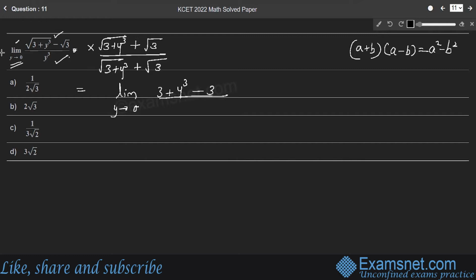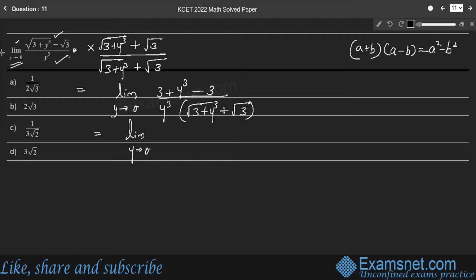Divided by y cube into [root of (3 plus y cube) plus root 3].